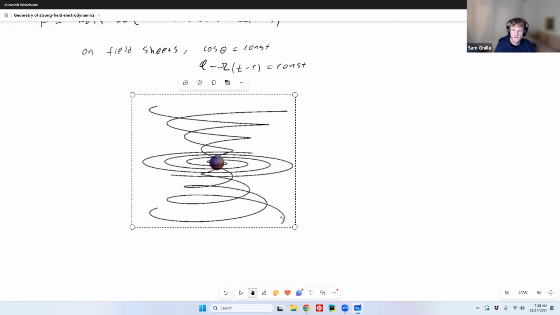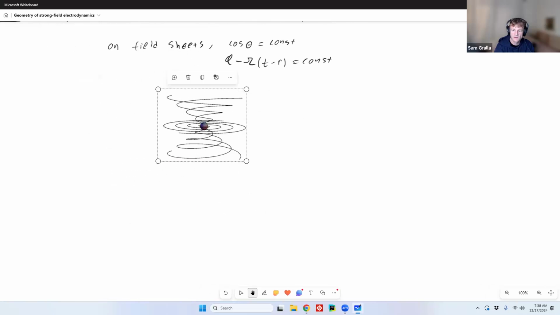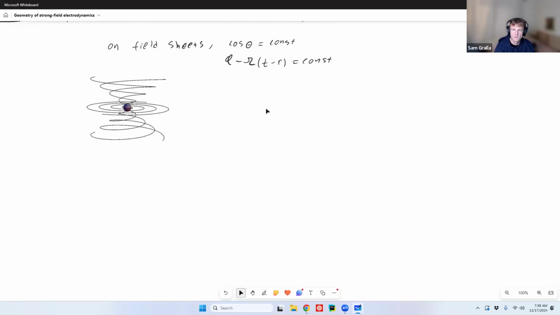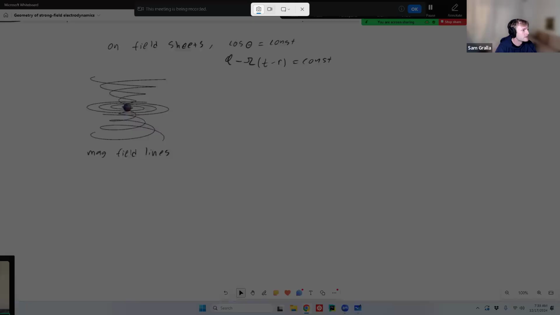Whoa. I used to be faster at this in the Zoom era. A bit out of practice. So these are the magnetic field lines of this solution. And maybe I'll just re-grab it from my screen as opposed to attempting this scrolling thing.